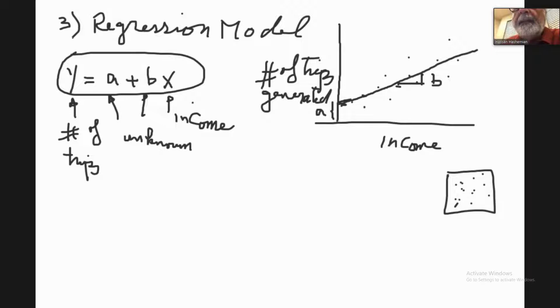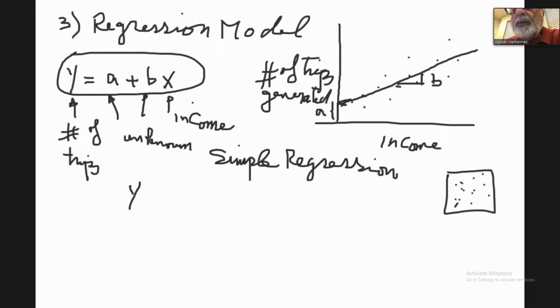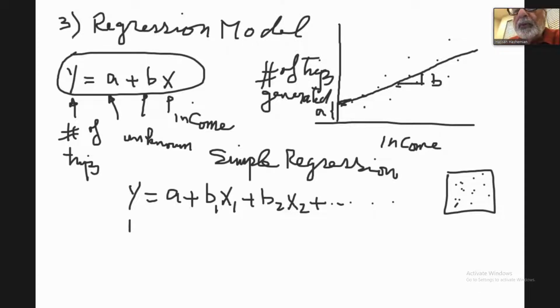Now, if there is one variable, X, we call it simple regression. When we have Y equal to, for instance, A plus B1 X1 plus B2 X2 and so on, with more variables, X1 could be income, X2 could be auto ownership, X3 could be family size, all those variables that we talk about, this is called multiple regression.